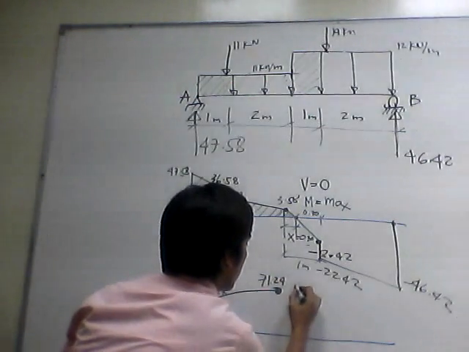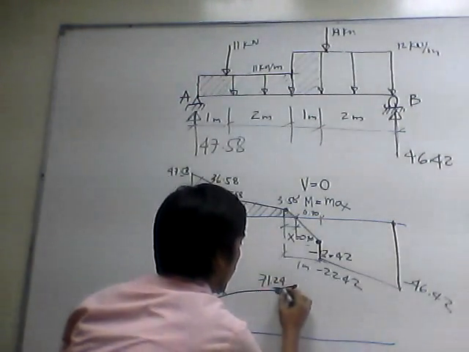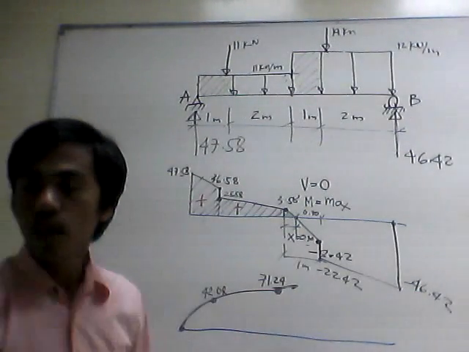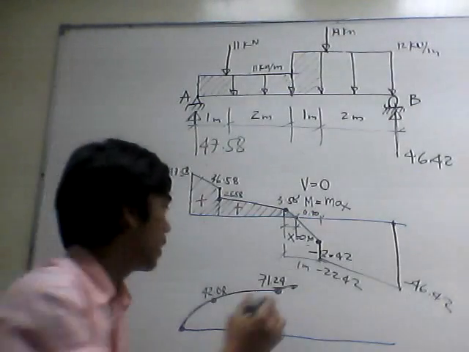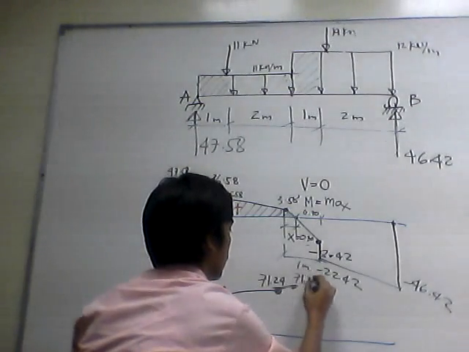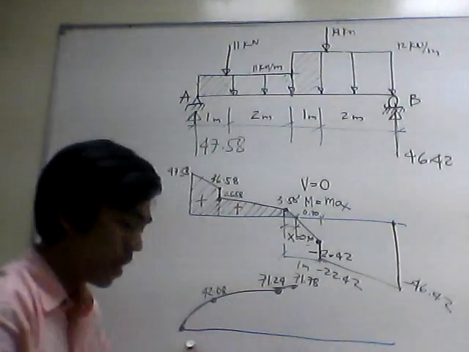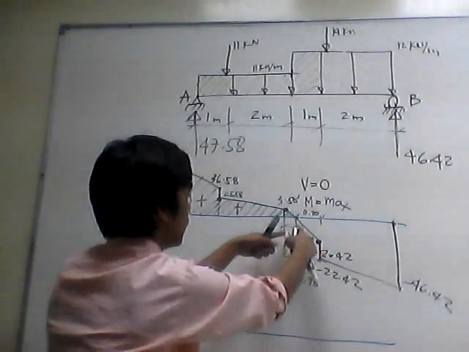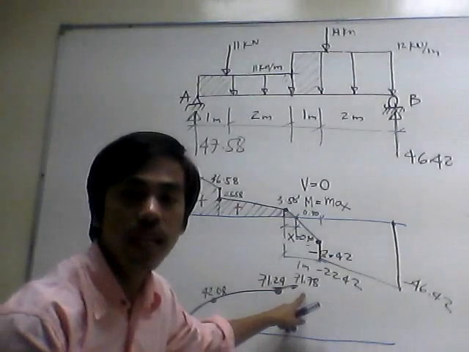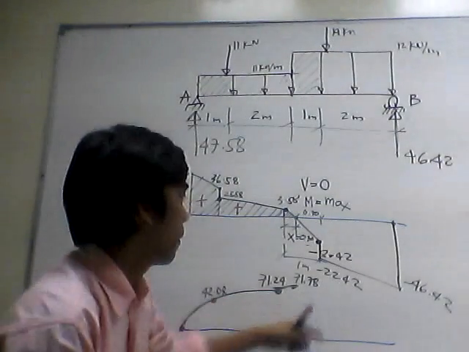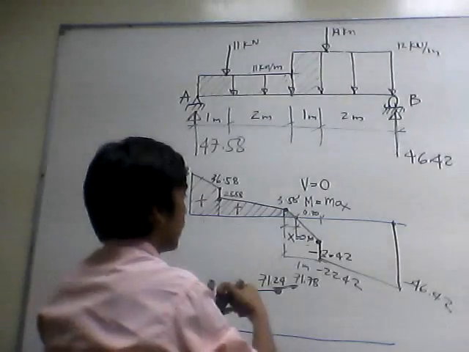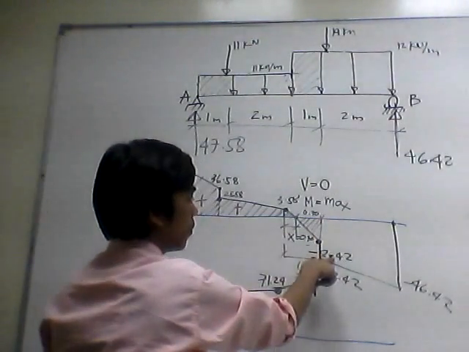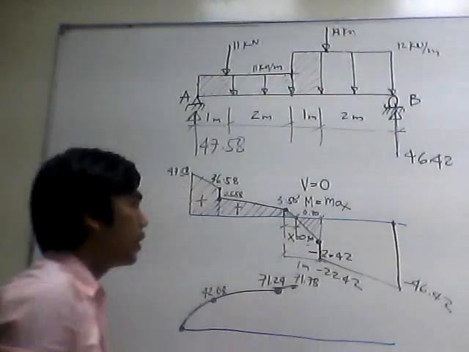So we have this part here again, that will give you 71.78. Meaning, this area plus this area plus this area is 71.78 kilonewton meter.